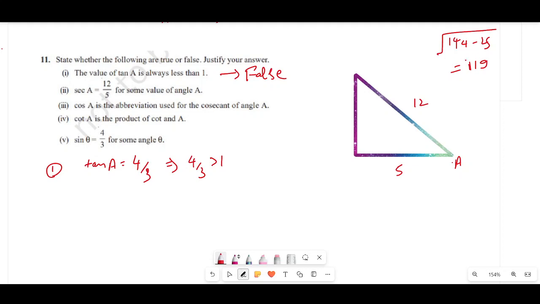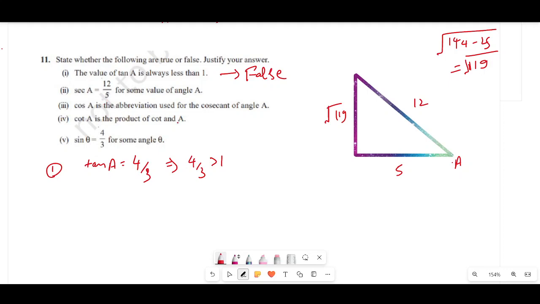So root 119 is the value here. Now for some value of angle A, sec A is 12 by 5. Clear? For some value of k.